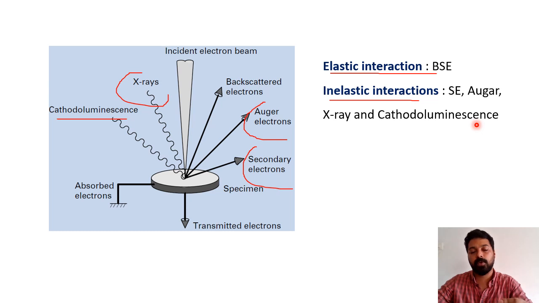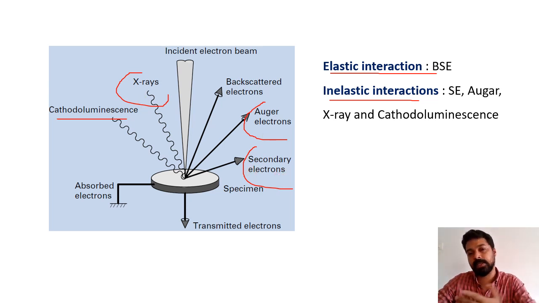When electrons fall on this specimen, they cause some kind of ionization of the material, or some kind of chemical modification happens. So mainly for SEM, we use backscattered electrons, auger electrons, secondary electrons and X-rays.